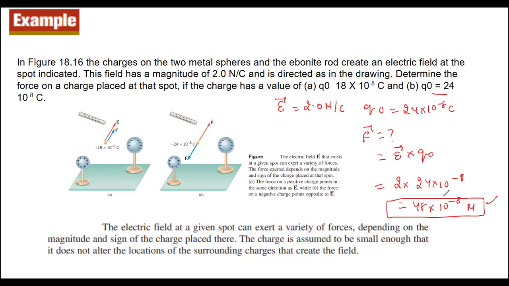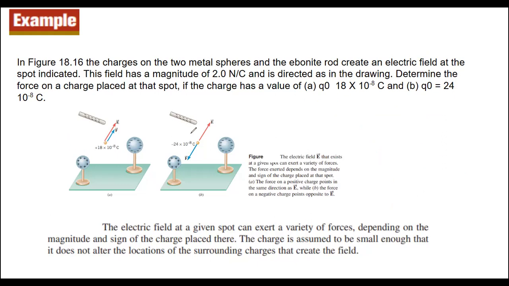So if you look at it, the force on the negative charge points in the direction opposite to the force on the positive charge. If you see over here in the diagram, this charge is negative.